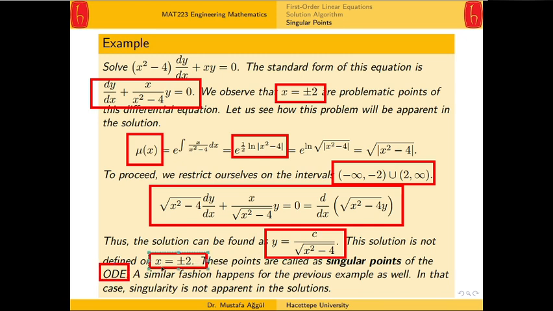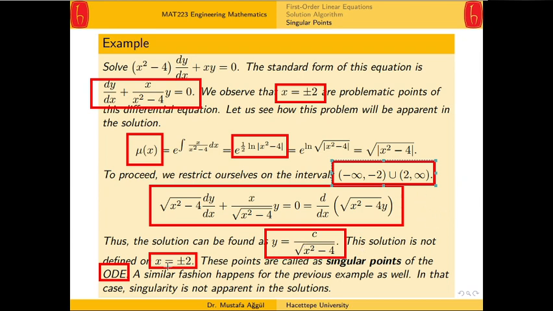these points cause some problems with the ODE, and we even had to separate the interval of the solution in the beginning, and then we solved that problem on this interval, or we could do the same for the -2 to 2 interval as well.